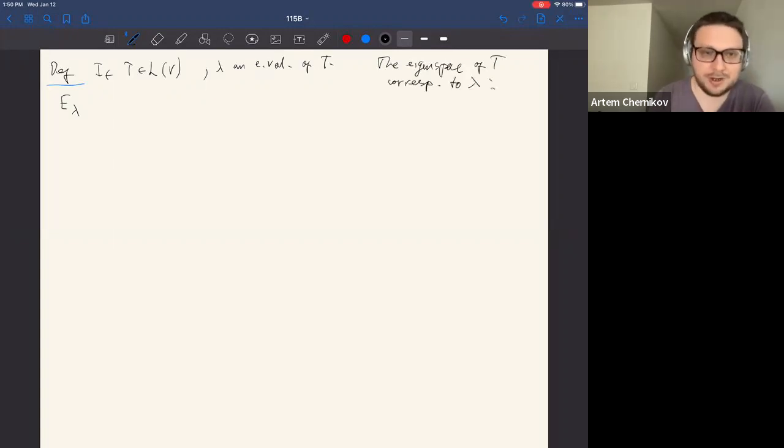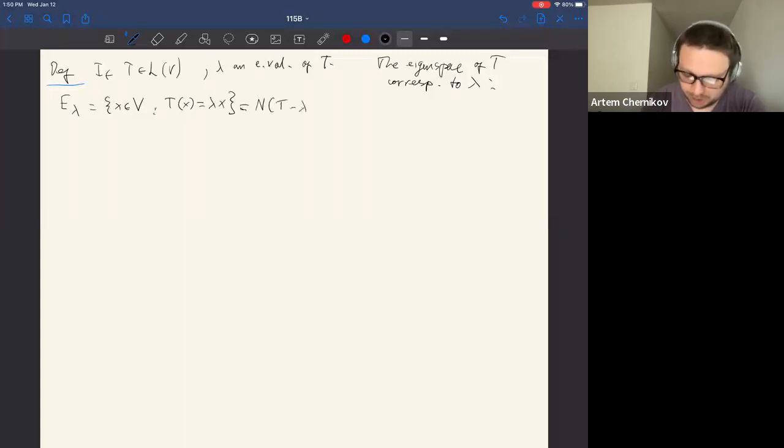It consists of all vectors x in V such that T of x is equal to lambda x. So this is all the eigenvectors corresponding to this eigenvalue, and it is the same as the null space of the linear operator T minus lambda I_V. One can similarly define it for matrices.